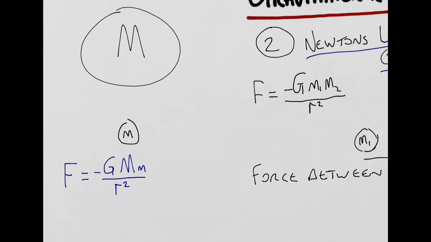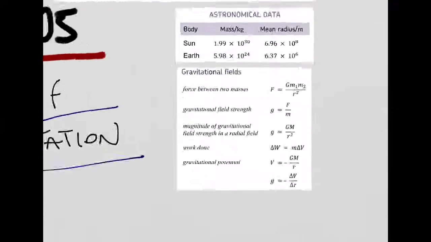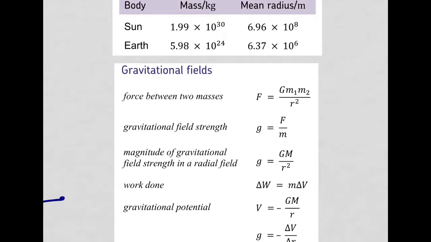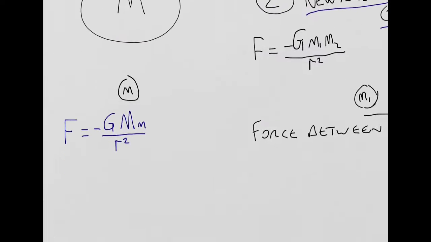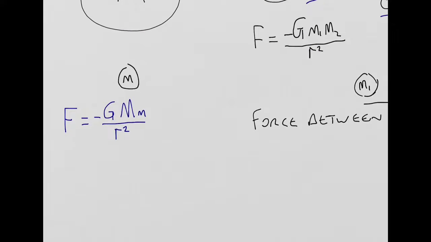Okay, now we know that, going back to the last video, little g is equal to F over m. So if we can turn this equation to, instead of F, F over m, what's left on the other side should equate to little g.